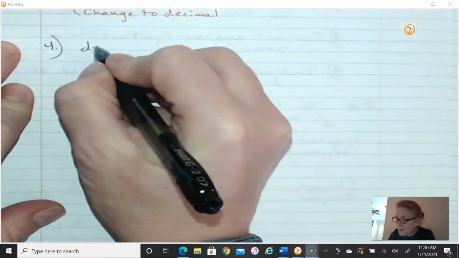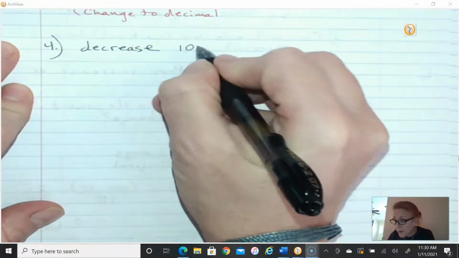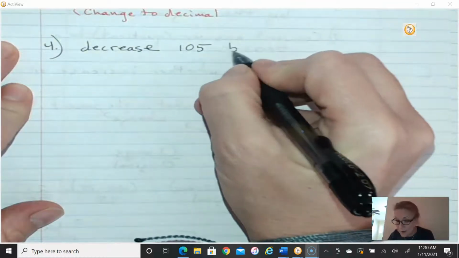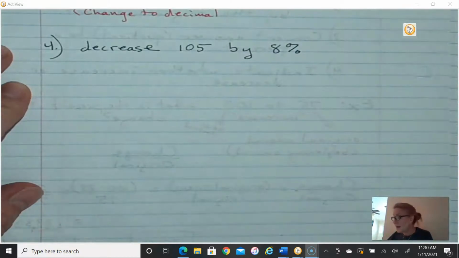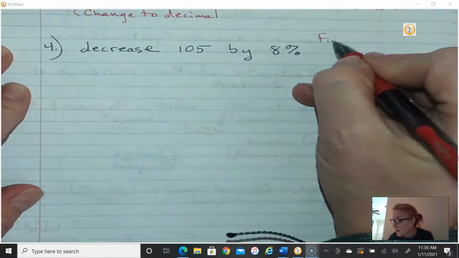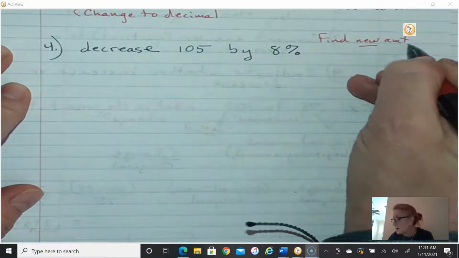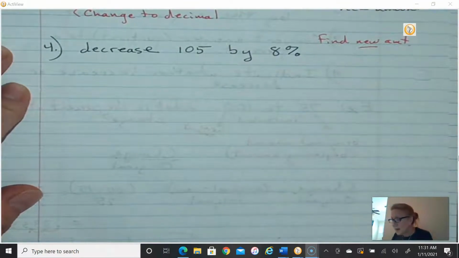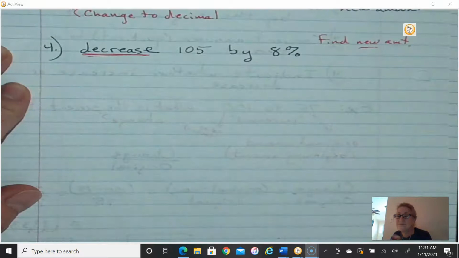Number 4 says decrease 105 by 8%. Again, they said in the directions to find the new amount. We're decreasing, so what does that tell you?